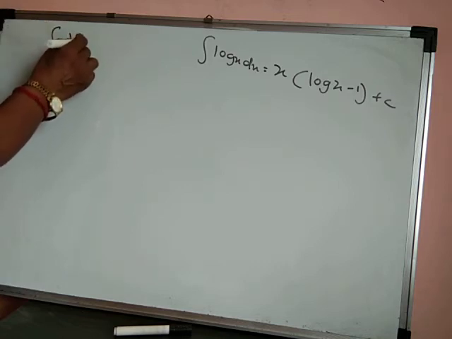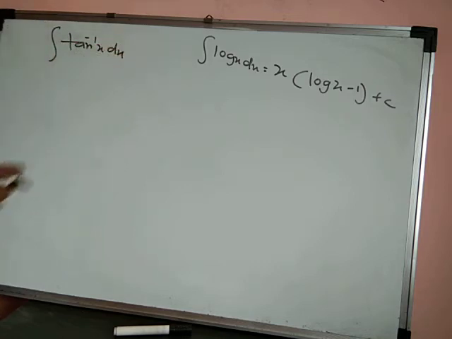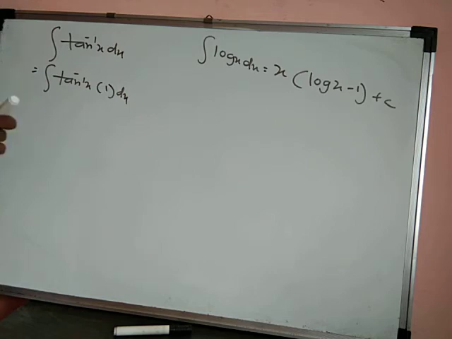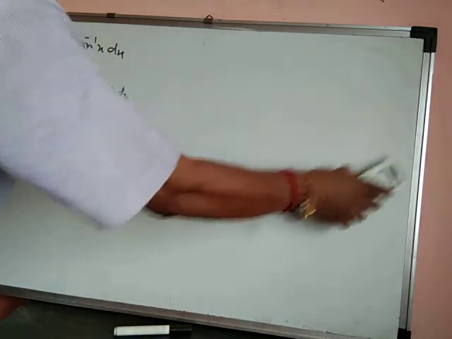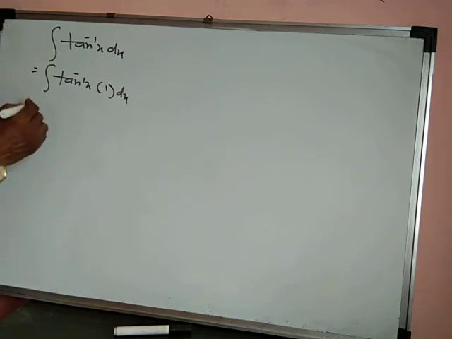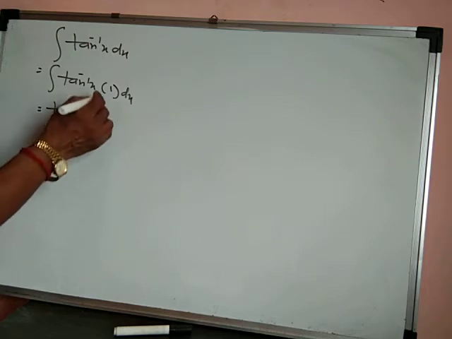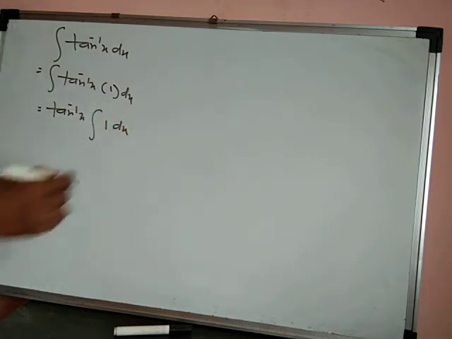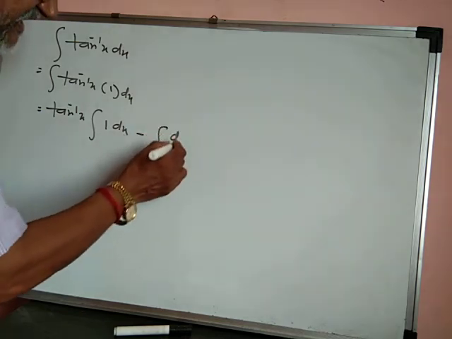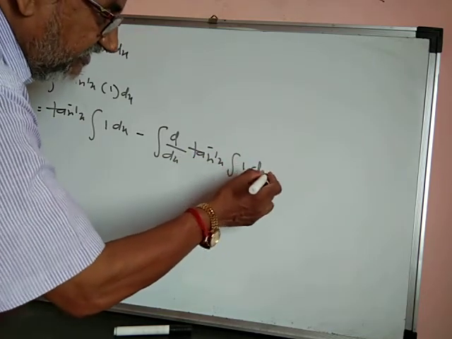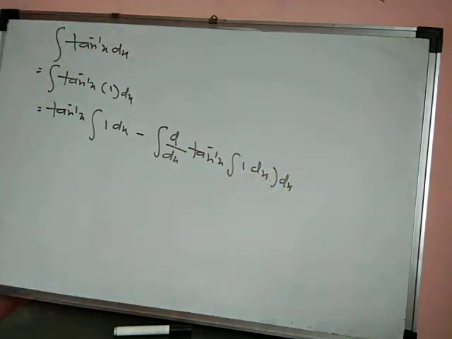Integration of tan inverse of x dx. Now look here, tan inverse x, the inverse function is alone. So I am writing tan inverse of x into 1 dx. This is u. So tan inverse of x into integration of 1 dx minus d by dx of tan inverse of x into integration of 1 dx, the whole into dx.